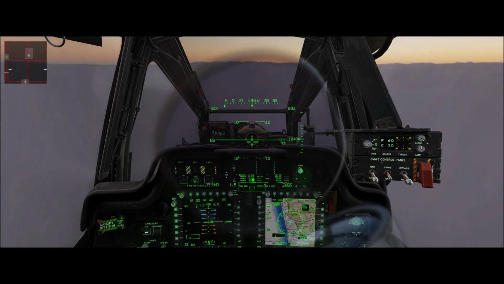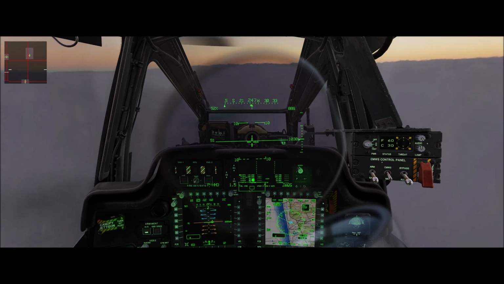still maintaining our 1,000 feet and 90 knots. We're keeping an eye on the clock on the right MPD, counting up to 1 minute.